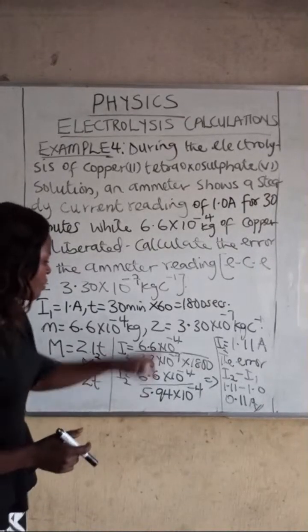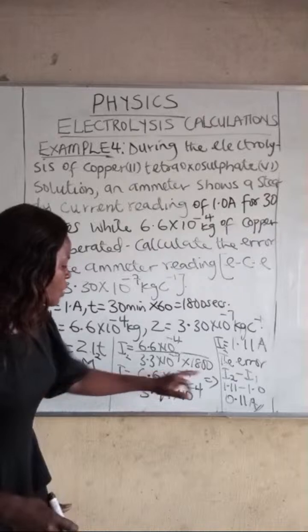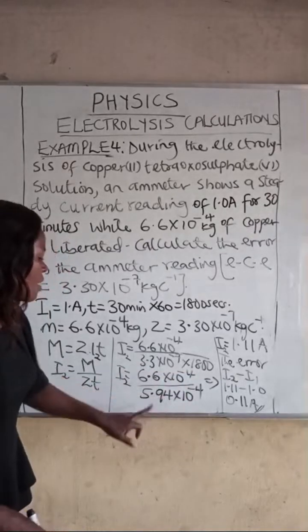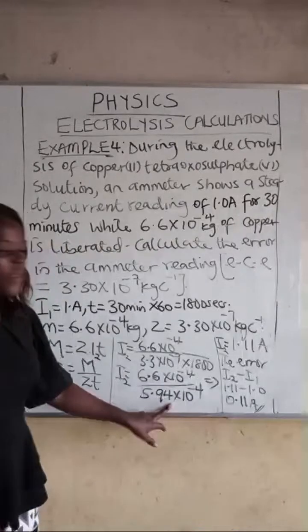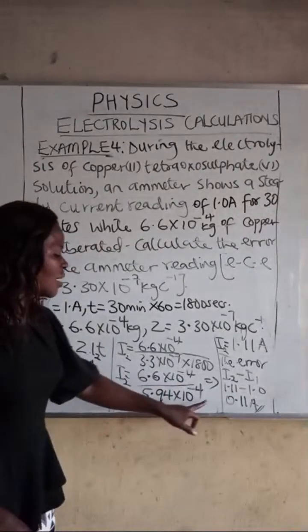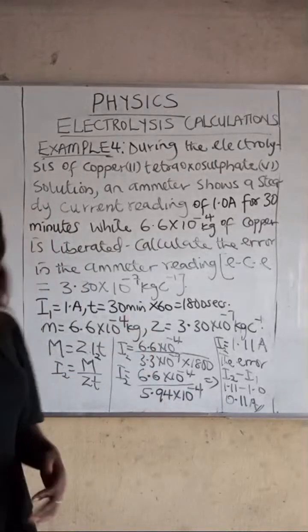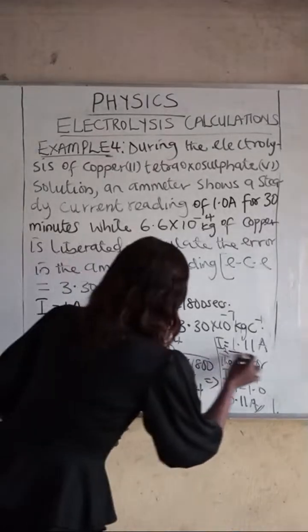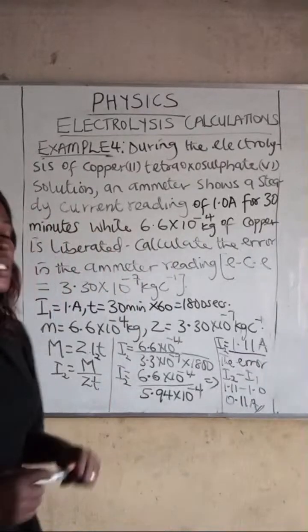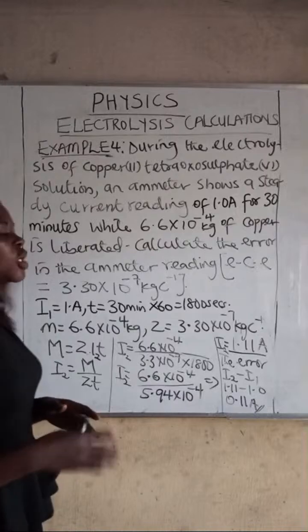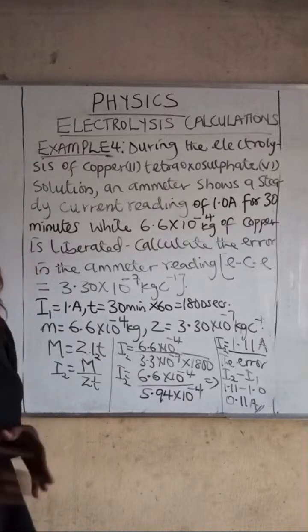So I brought this down and I multiplied the denominator. I got 5.94 times 10 to the power of minus 4. Okay? Then I have to divide to get my I2. And my answer gave me 1.11 amperes. But we are not yet done because we are asked to find the error in the ammeter reading.